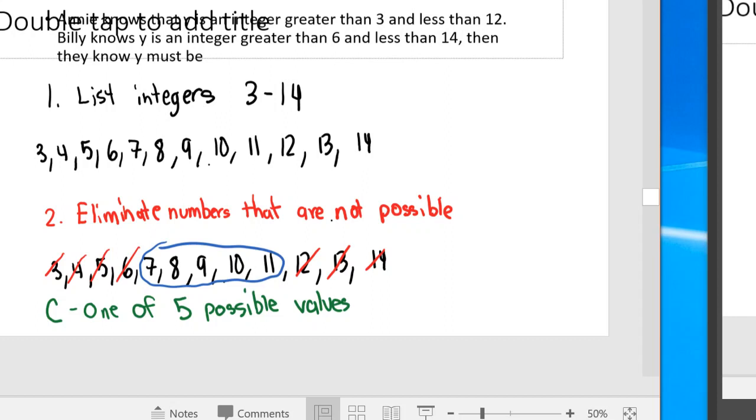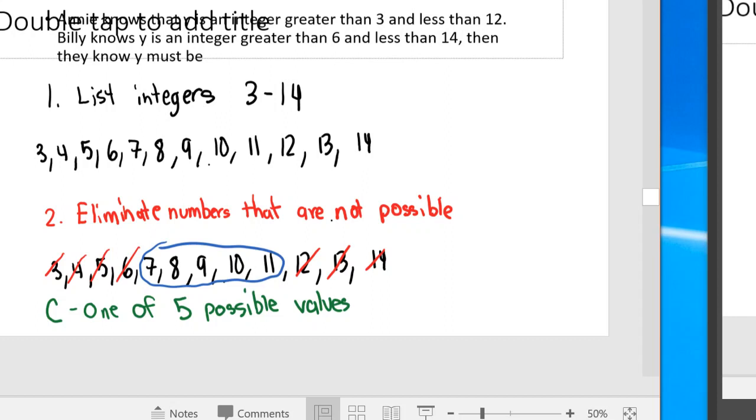Annie knows it's greater than 3 and less than 12, and Billy knows it's greater than 6 and less than 14, so I can eliminate 3, 4, 5, and 6. It's less than 14, so I can eliminate 14. It has to be less than 12, so I can eliminate 12 and 13. The only numbers left are 7, 8, 9, 10, and 11.